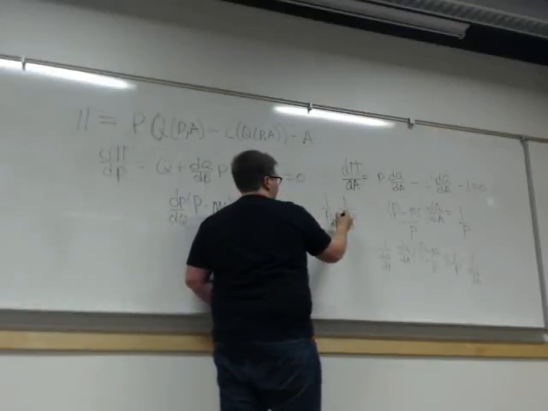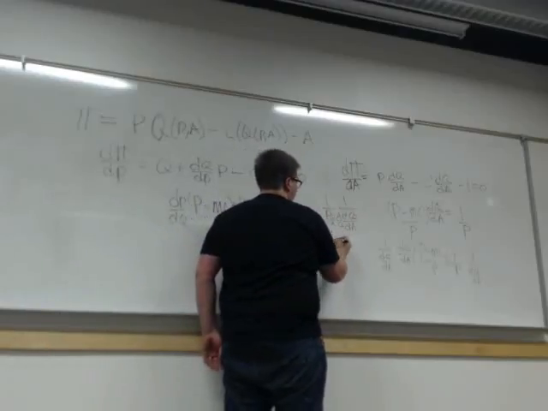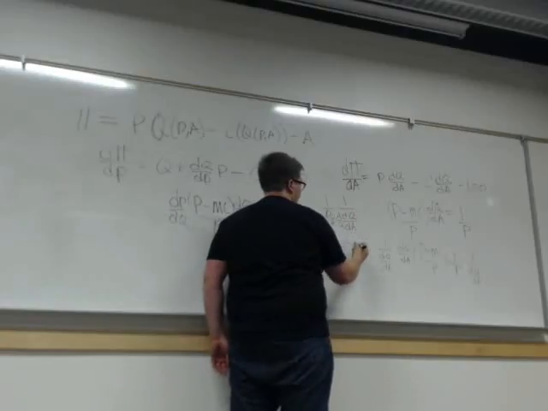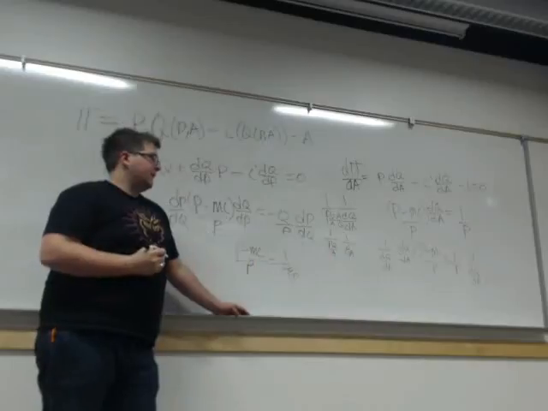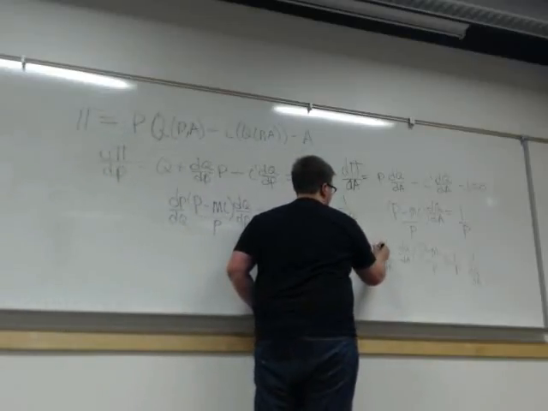So if we can split these two up, we now have 1 over p times q over a times 1 over our elasticity, right? And this is all equal to p minus mc over p.